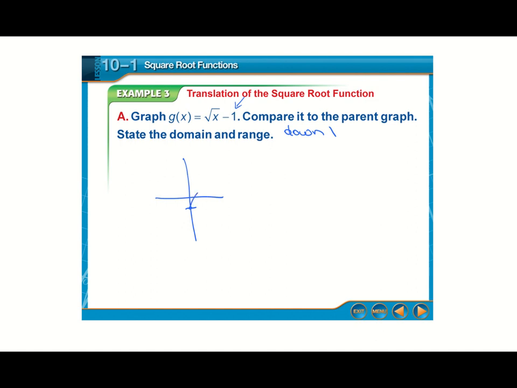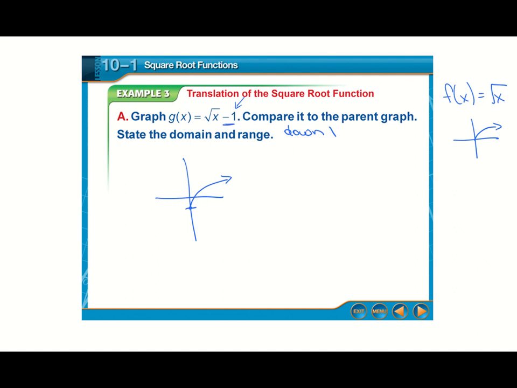And then I know that it's going to go something like this. The parent function, remember, is just like that. The parent function starts at 0, 0. So all I'm doing in this case is going down 1.